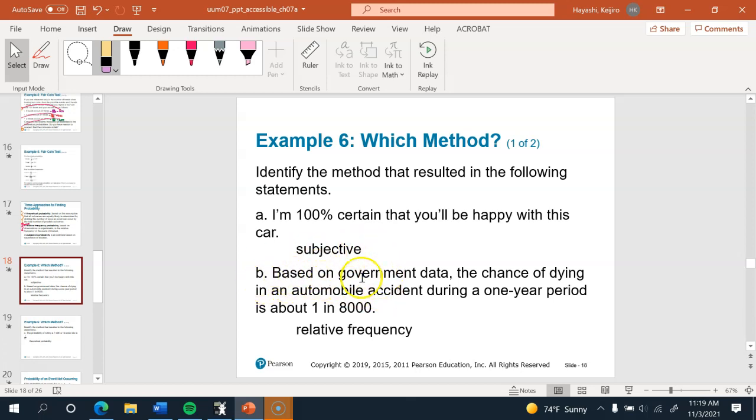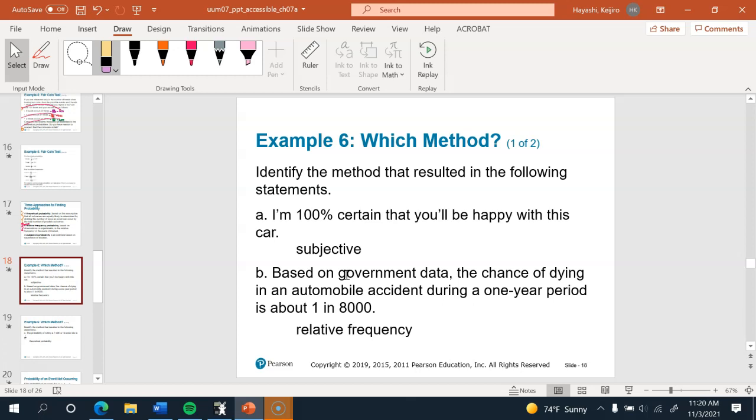Whereas a statement like, based on government data, so they actually did some observations: the chance of dying in an automobile accident during a 1-year period is about 1 in 8,000. That means they actually looked at the number of people in a year and the number of people that died as a result of automobile accidents in a year. They put one over the other, and they reduced it to about 1 in 8,000.